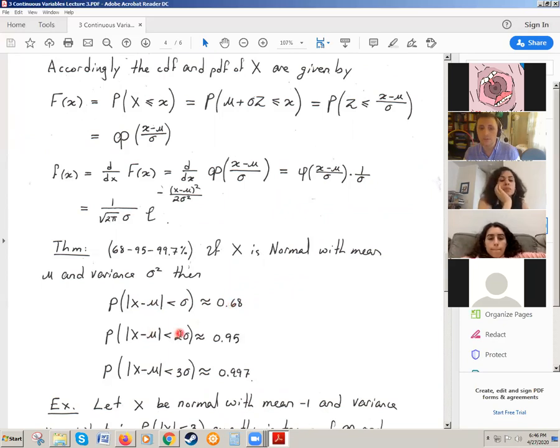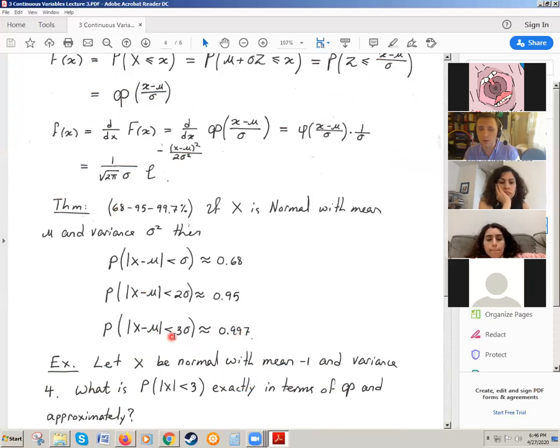The probability it will fall within 2 standard deviations is 95%, and the probability it falls within 3 standard deviations is more than 99%, 99.7%. Okay, so it's very likely that x falls within 3 standard deviations.